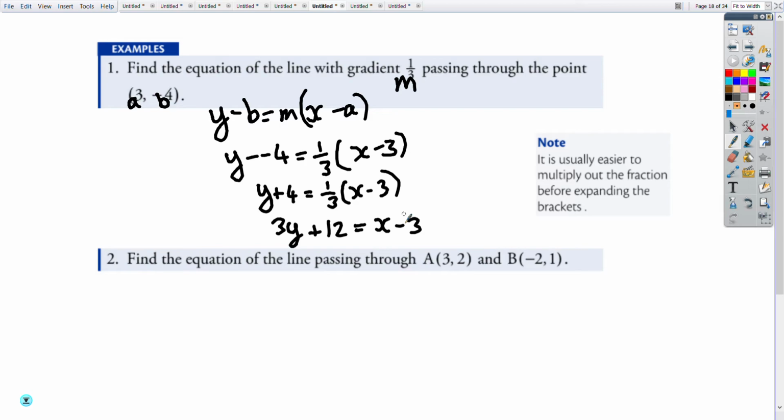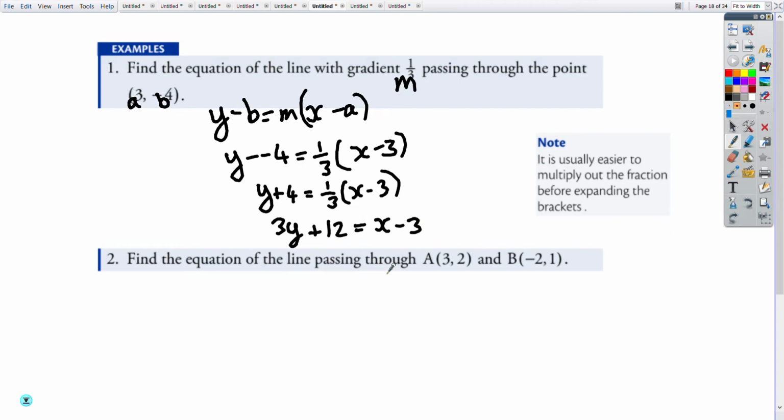Then we want to rearrange it so it has got everything combined together, so that the x is positive. So I'm going to move everything to the right side of the equation, and then combine together the like terms. As long as the terms are collected together, you can actually leave it in any form.